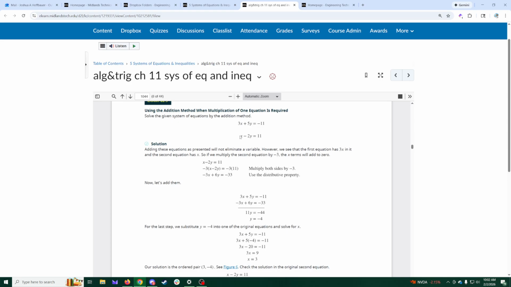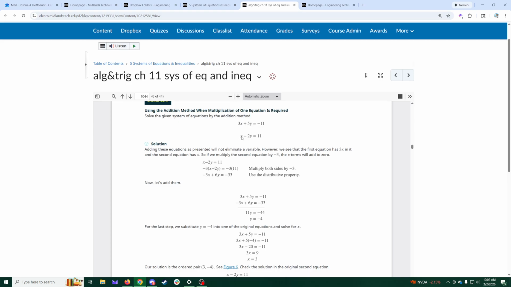You ask yourself, what do I need to multiply this x by so that when it adds to 3x, it cancels out? In that case, 3x minus 3x would be 0. And to turn this x into minus 3x, we'd have to multiply it by negative 3. And you're allowed to do that as long as you multiply the entire equation by negative 3.